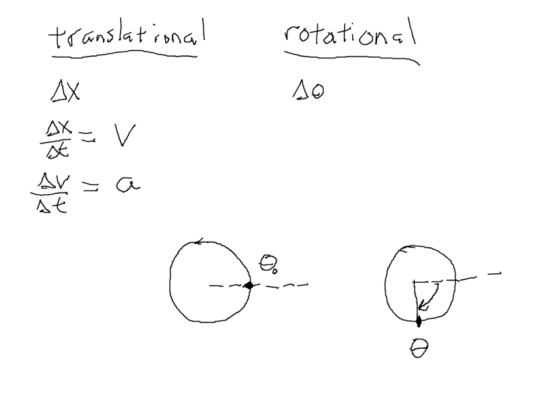Just like we had delta x before, which was x minus x0, we have delta theta now, which will be theta minus theta 0. Also, just like in translational motion, quite often we just let x0 be equal to 0, and we don't have to worry about it. In rotational motion, quite often, theta 0 can be treated to be 0, and you often don't have to worry about it.